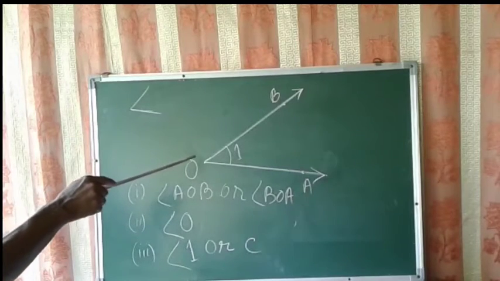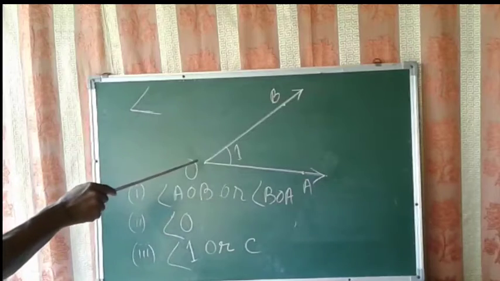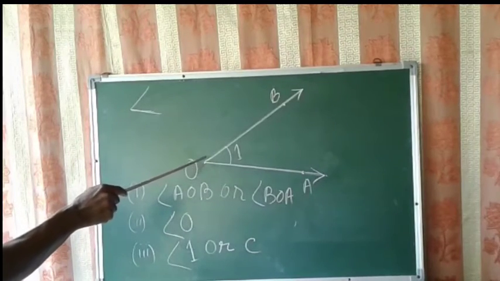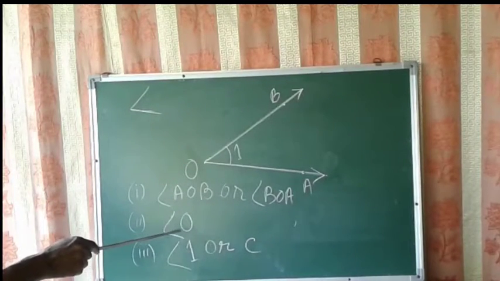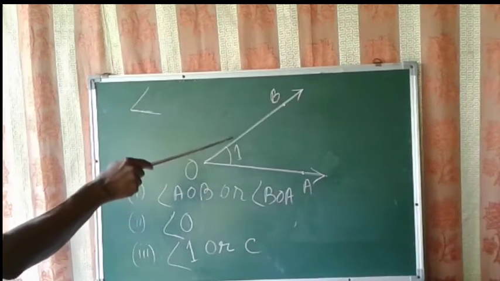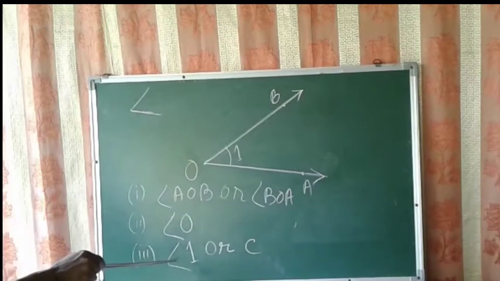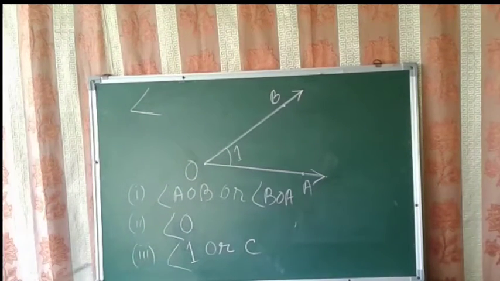Next, in the single letter method, at the vertex point you have to mention the angle. Here, the vertex is O, therefore the name of the angle is O. Then the numerical method uses numbers. So this angle's name is 1.